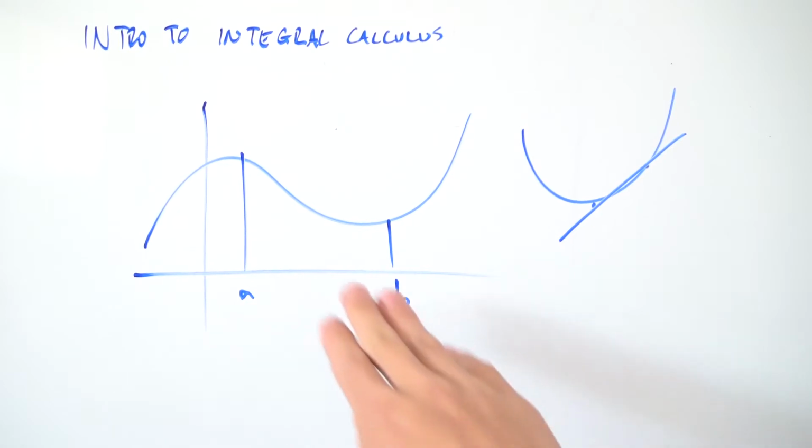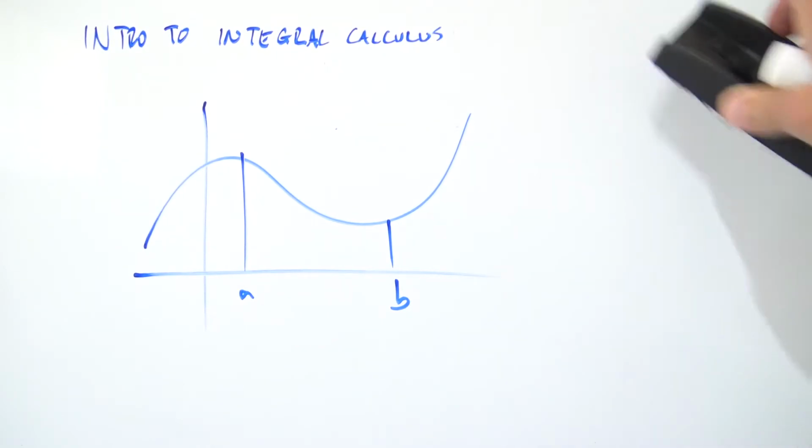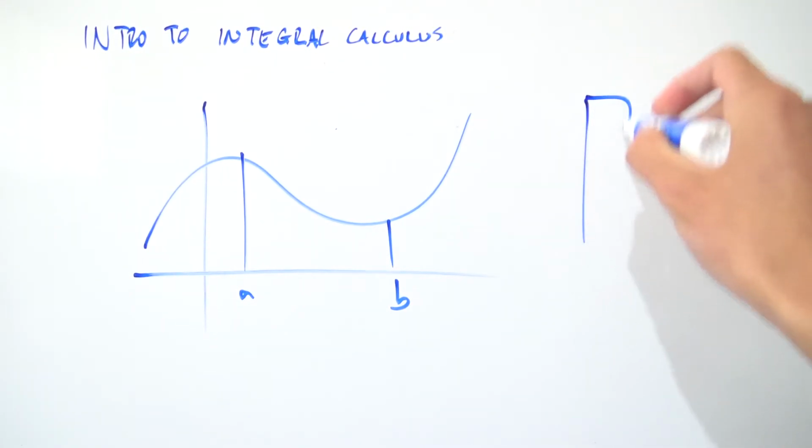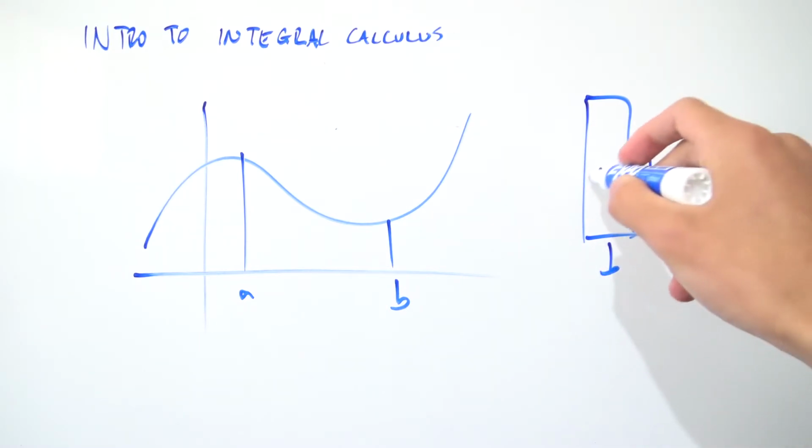In integral calculus, to approximate the area of this region, we break it up into much simpler shapes that we know how to calculate the areas of, namely the rectangle. If we have a rectangle, the formula to find its area is just base times height. And that gives you the area.